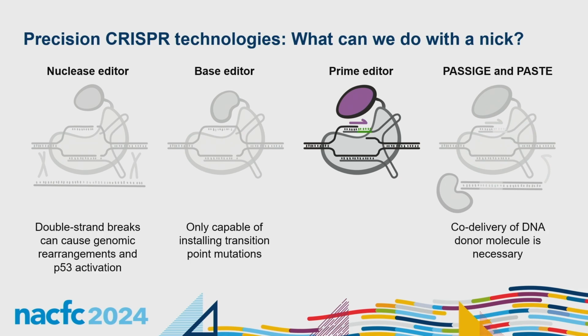And unlike the newer recombinase-based technologies, prime editors can be encoded in an entirely DNA-free system. They don't rely on the co-delivery of a DNA donor, which greatly expands the scope of delivery technologies that can be paired with prime editors for in vivo applications, and also reduces the immunogenicity of the delivery.